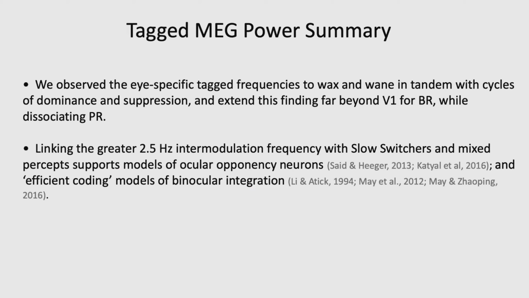So this could at least be consistent with models of ocular opponency neurons, efficient coding. And it might be suggestive of the idea that slow switchers and mixed percepts could be a time of quite high inhibition, or quite high competition between the two alternatives.